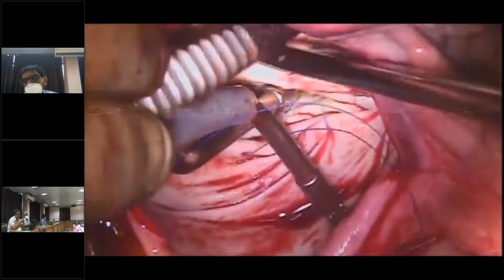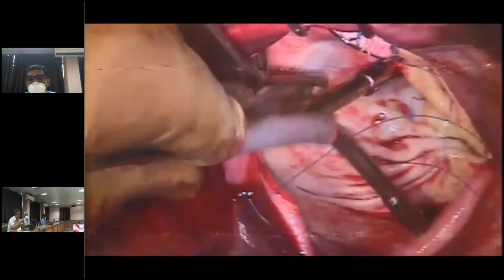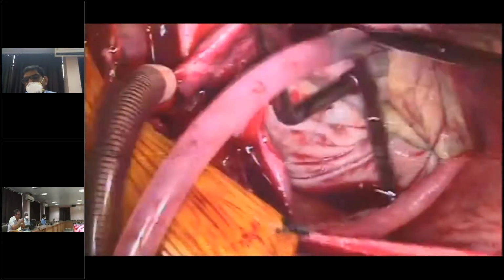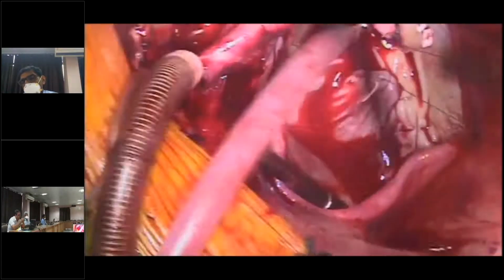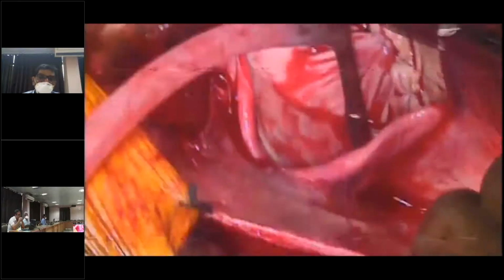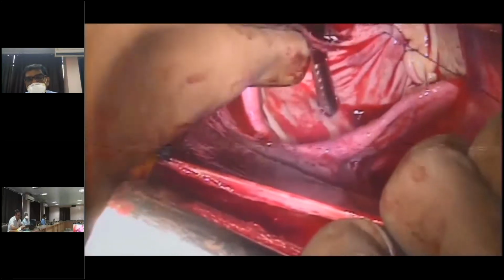In this case, we went right up to the superior wall of the left atrium, plicating from the base or the floor of the left atrium in between the pulmonary veins, and we reach the superior wall. And what we had seen is superior dilation of pulmonary atrium.